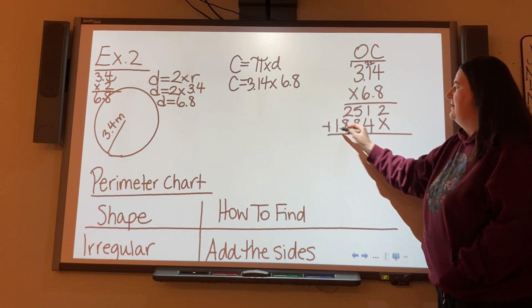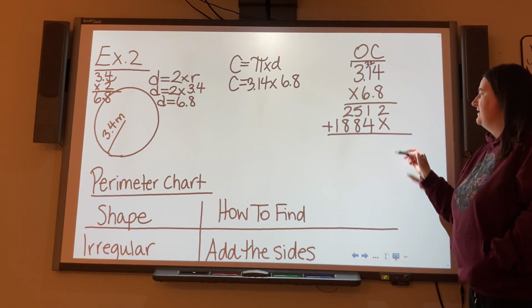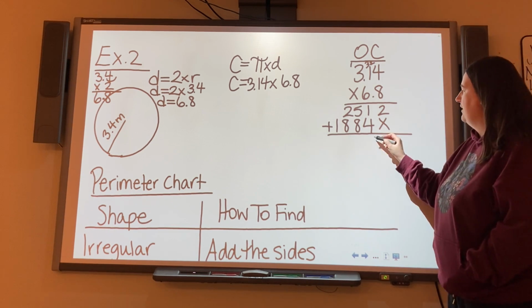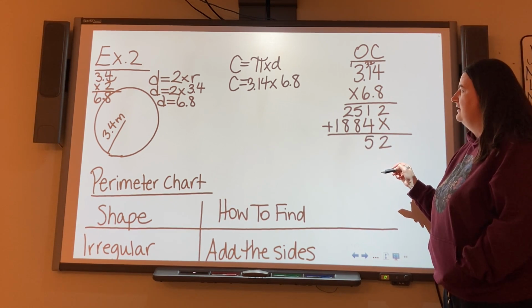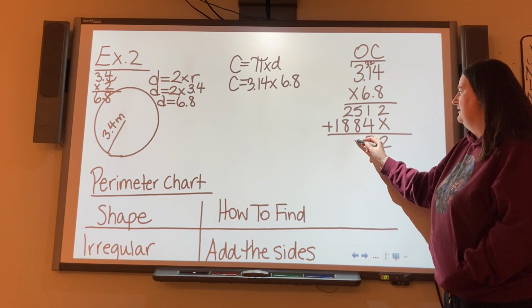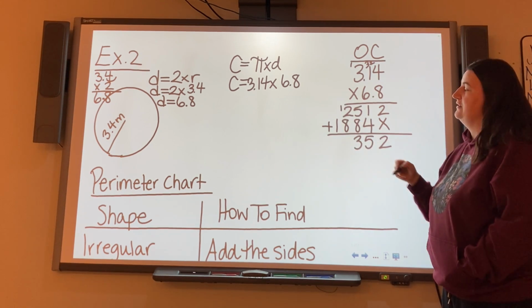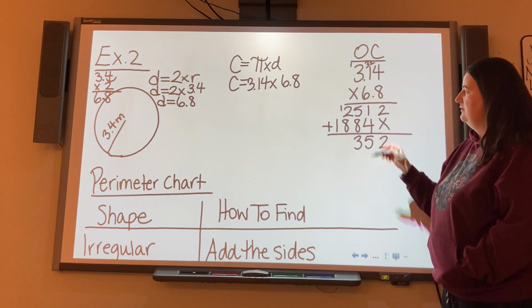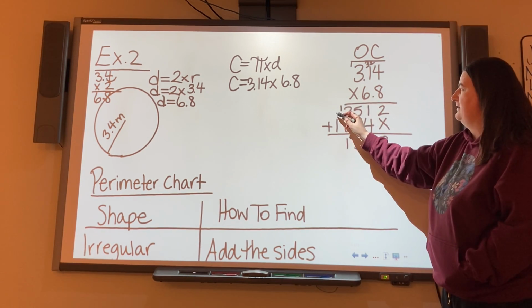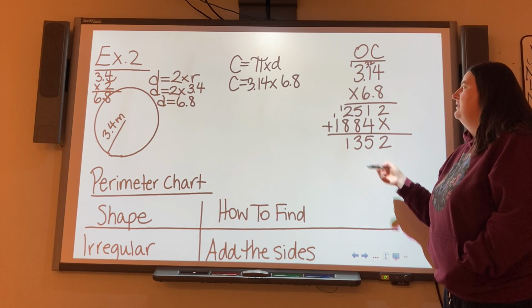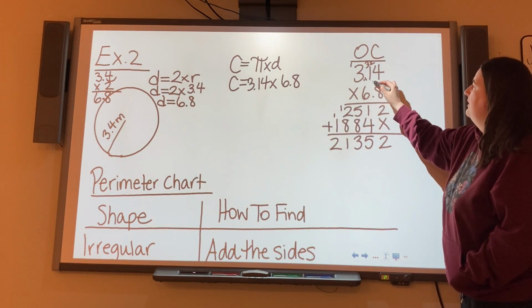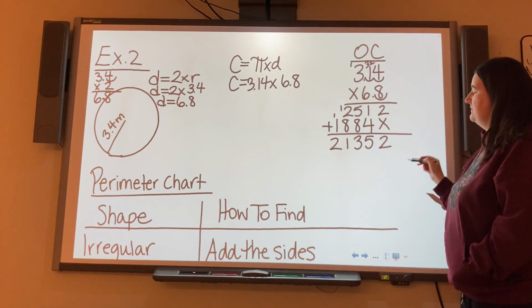Add up your answer lines. 2 plus nothing is 2. 1 plus 4 is 5. 5 plus 8 is 13, carry your 1. 8 plus 2 is 10, plus the 1 that you carried is 11, carry your 1. 1 plus 1 is 2. 1, 2, 3 decimal spots.